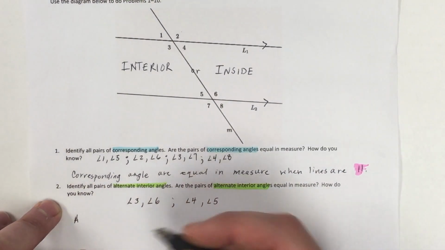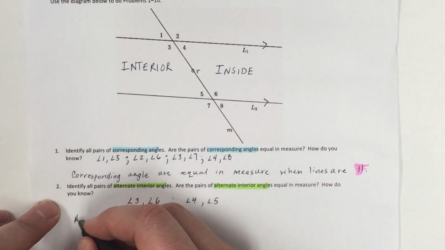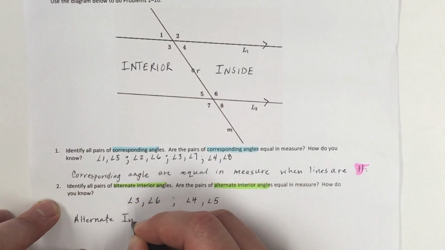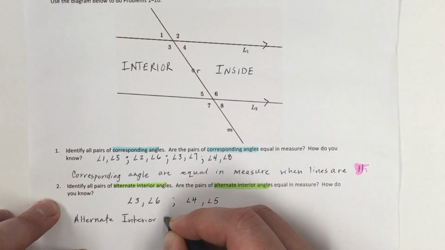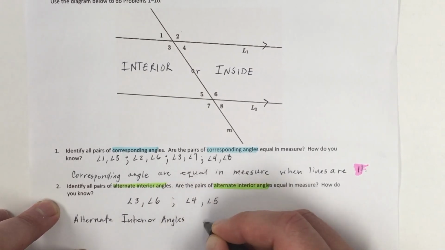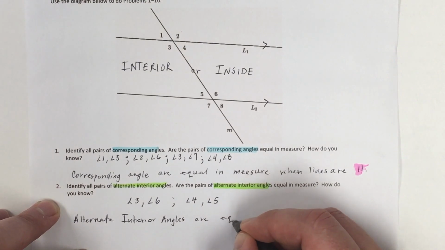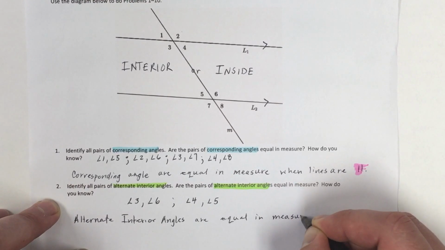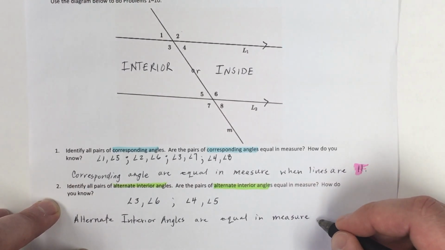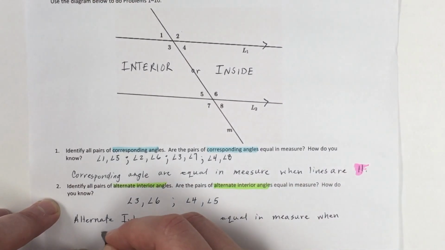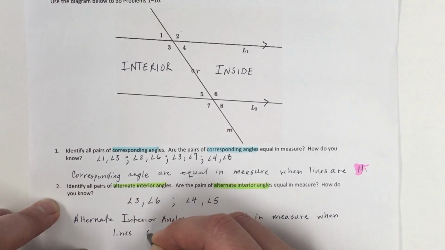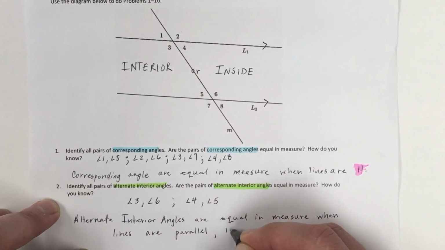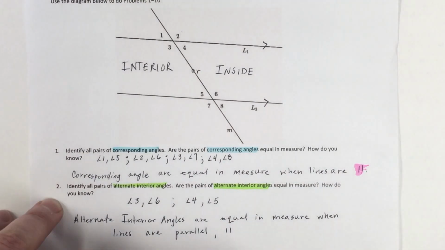The result when we have parallel lines is alternate interior angles are equal in measure when lines are parallel. And again, the symbol is this double line.